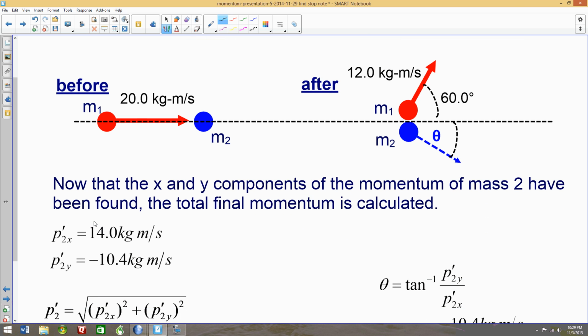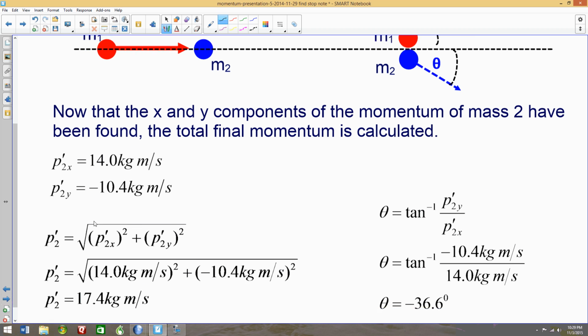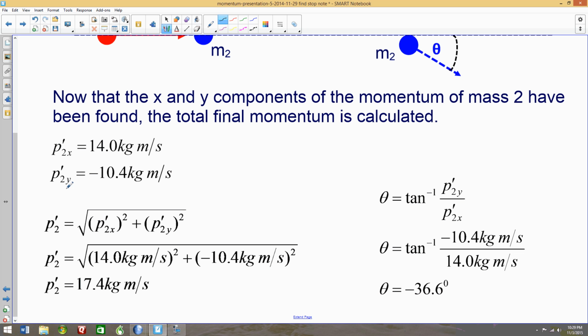Okay, now that we have the x and y components of the momentum of mass 2, we can find the total momentum. Here are the components. The x component is in the i hat direction. The y component is in the j hat direction. Now, when you take your test, you do not need to use the unit vectors. You can leave this as just plain and this with a negative, and that's perfectly fine.